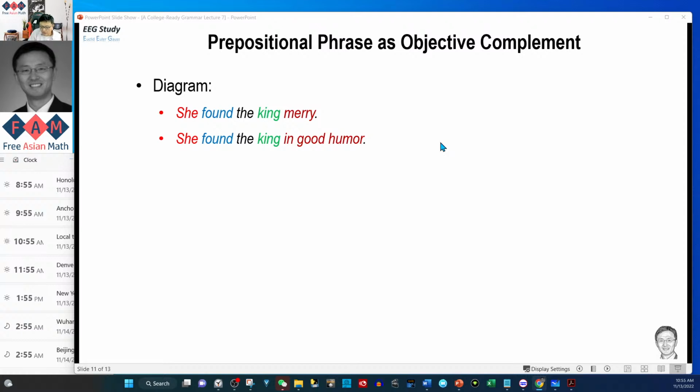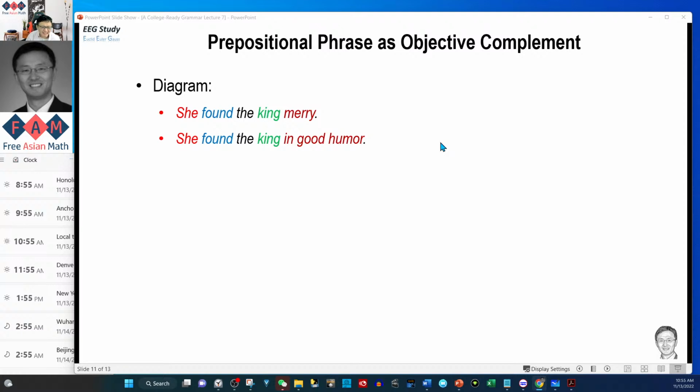So in the case of object complements, in many cases we can replace the adjective with a prepositional phrase, essentially serving the same function. For example, if we say, she found the king merry, meaning that she saw that the king is happy, we can also use an equivalent prepositional phrase, say, she found the king in a good humor, in a good mood, and so on.